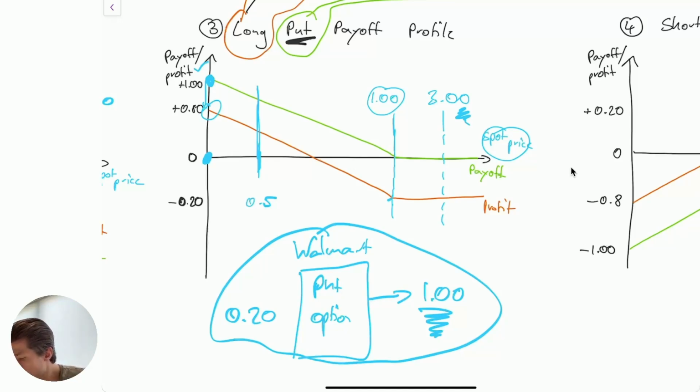So to make some money, to be here, it needs to be 80. Yeah, a bit lower, because then an apple costs 80, market price, spot price. Walmart would sell it to you for $1, a bit higher, but because it paid 20, it would be break even.